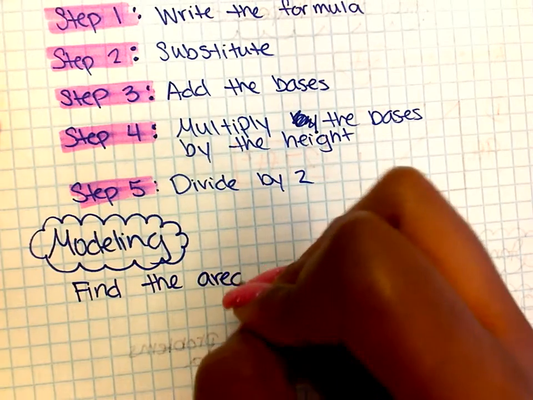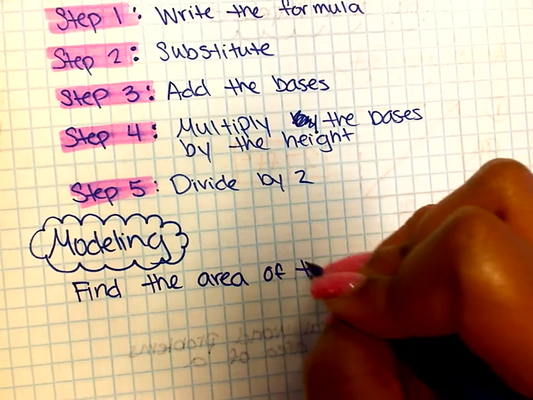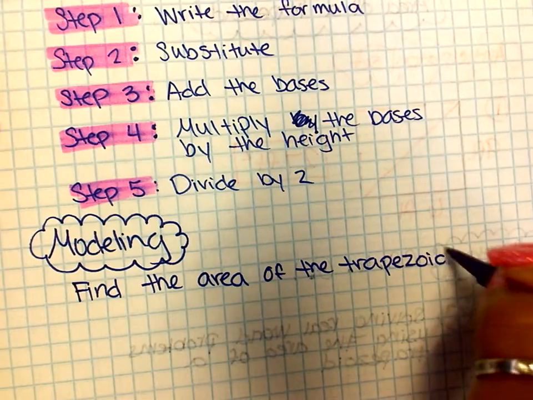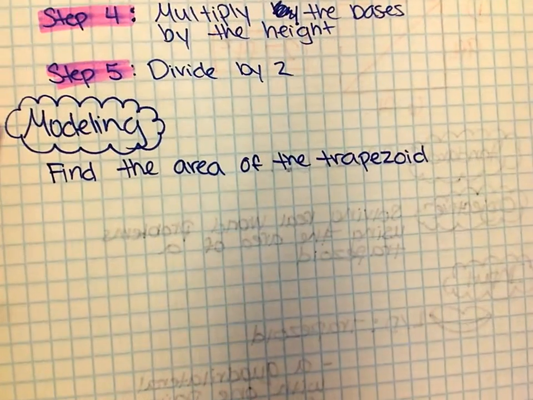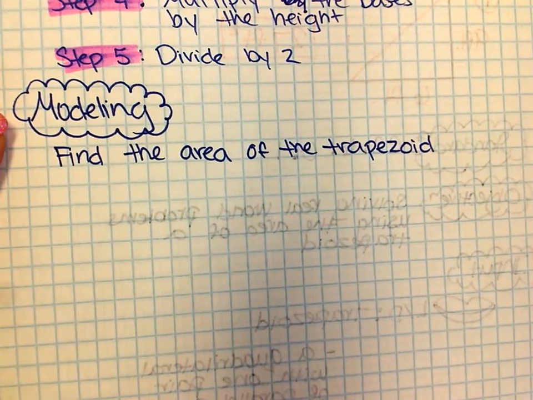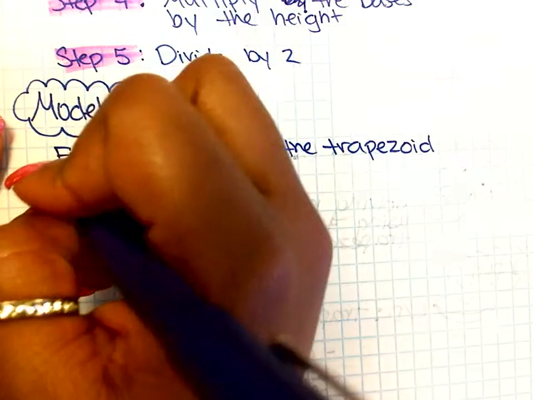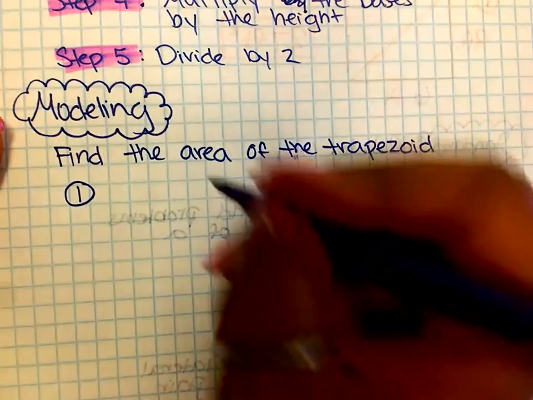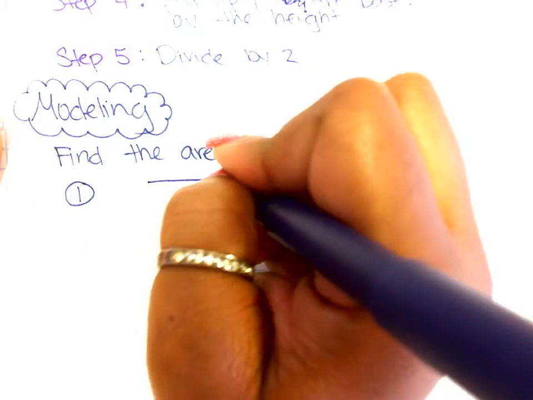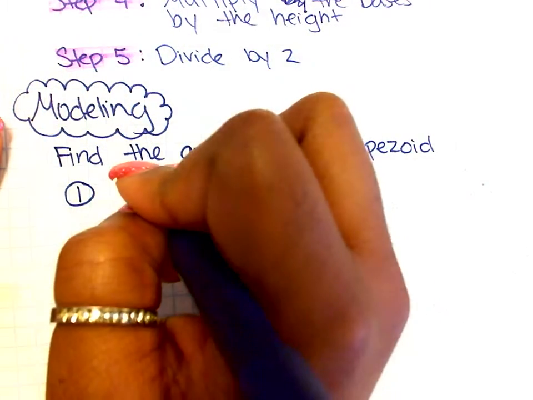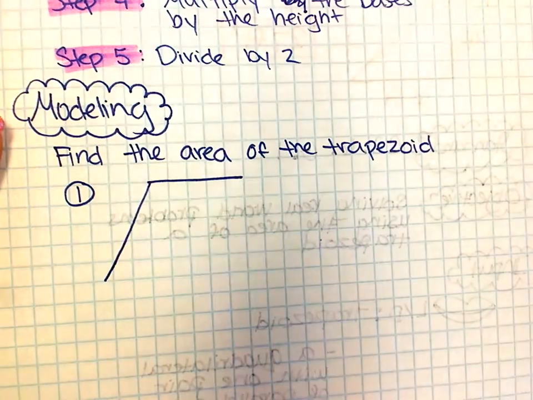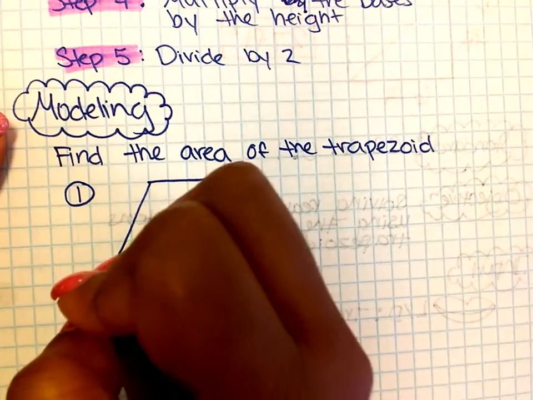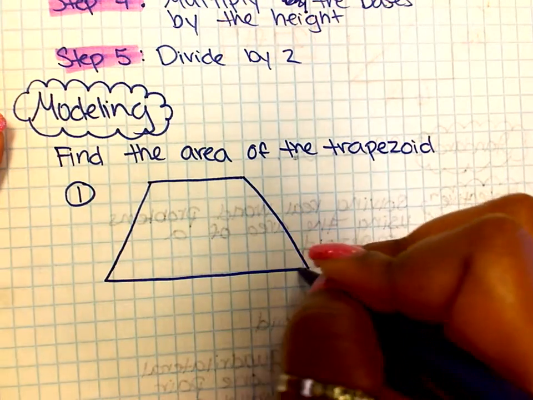Find the area of the trapezoid. That will be your directions. Find the area of the trapezoid. Now, you might need a ruler or something that's straight to help you draw. And draw a line up top, a line going down, another line going down, and a line straight across.